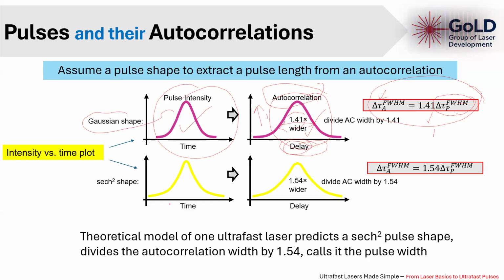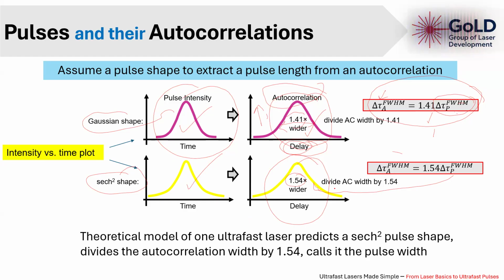And if you consider this pulse shape, it will be like this, and the autocorrelation signal will be like this. In this case, you multiply 1.54 with the full width half maximum of this curve.